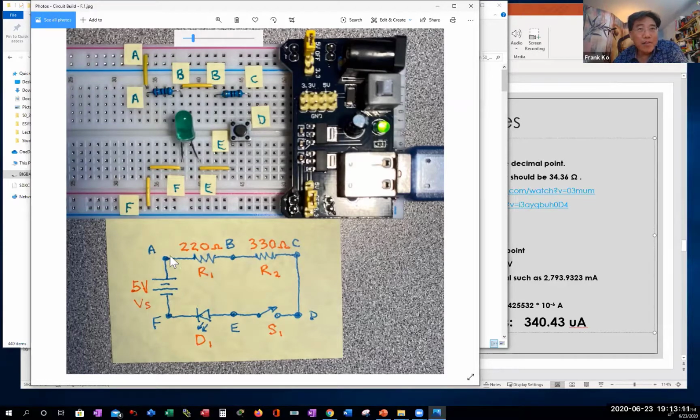Point A in this upper corner is connected to the positive side of my voltage source and the first resistor. So where does point A sit on the board? Point A sits on your red rail. Remember, the power supply at the top here is your 5 volts.